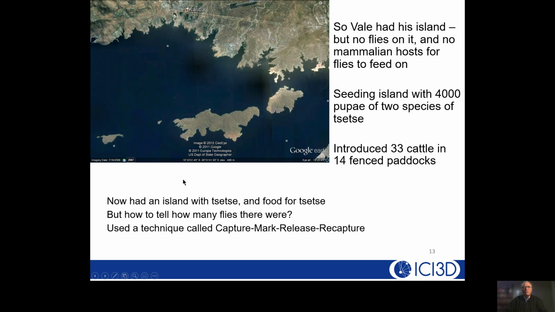Now you've got an island and you've got tsetse flies and you've got food for the tsetse flies, but now what you need to do is to allow this population to grow, and you need to know how many there are, so that you can see whether you can actually take it from the number that you've got down to 0. And the way that you estimate how many flies you've got is using a method called capture, mark, release, recapture.